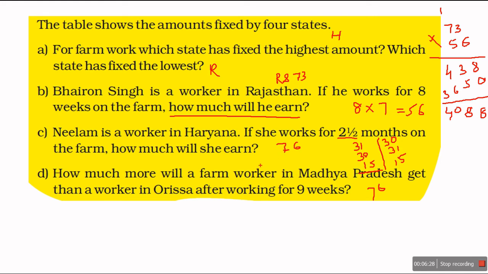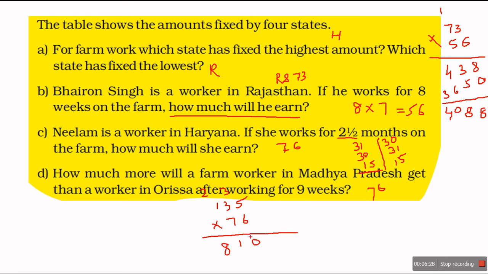Okay. So how much money will she earn? What is the rate in Haryana? The Haryana rate is rupees 135 and she worked for 76 days. Okay. So simple multiplication. 6 fives are 30, 3. 6 threes are 18 and 3, 21, 2. 6 ones are 6 and 2, 8.